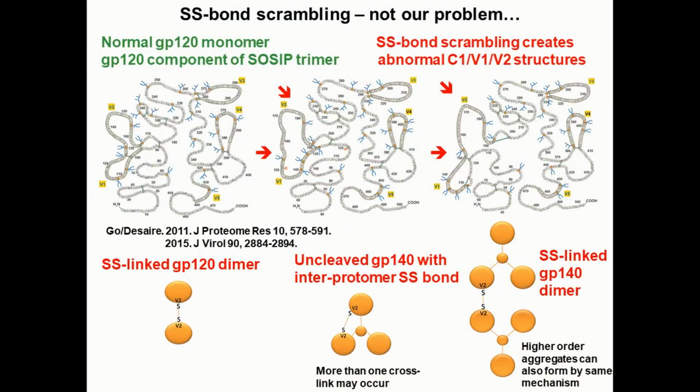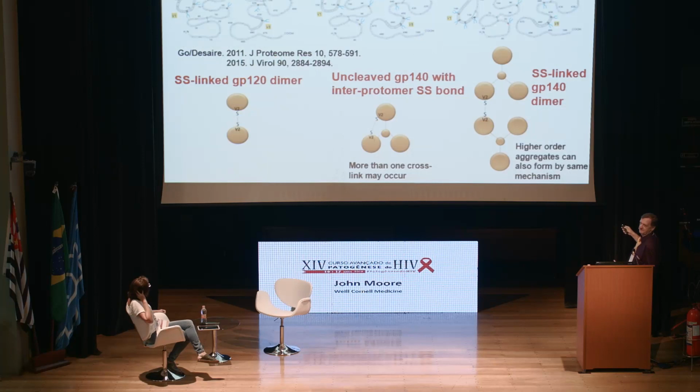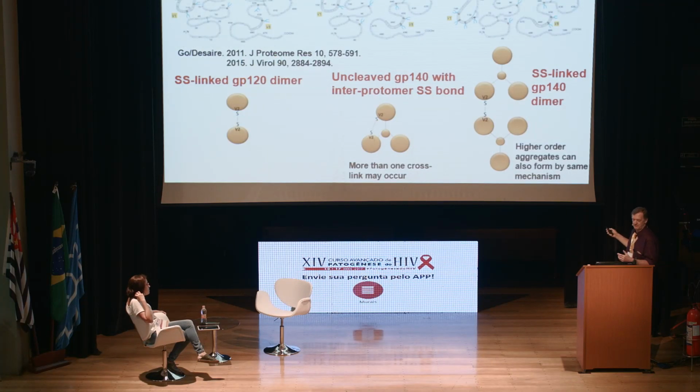But she got it absolutely right, that you get scrambling, you get misfolded alternative structures. And some of the gp120s that went into human clinical trials of vaccines were these misfolded proteins. They were not even proper gp120 subunits. And you can finish up by making an intermolecular disulfide bond.